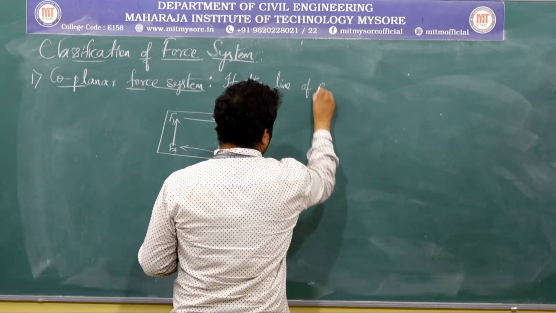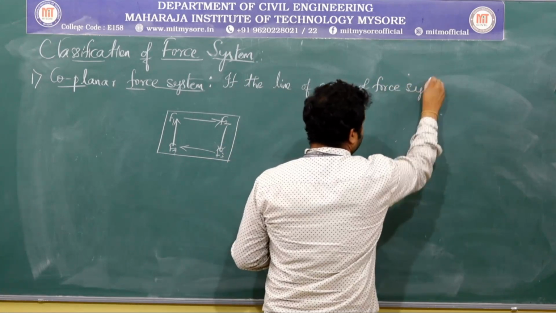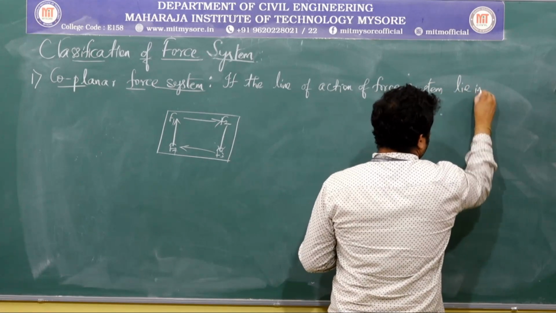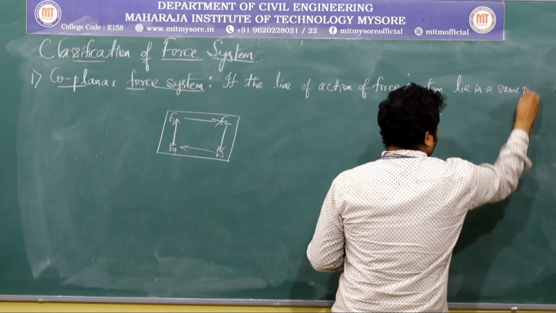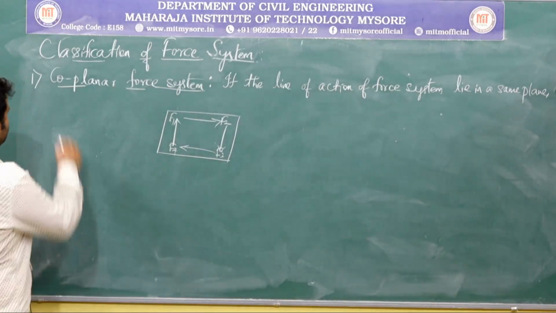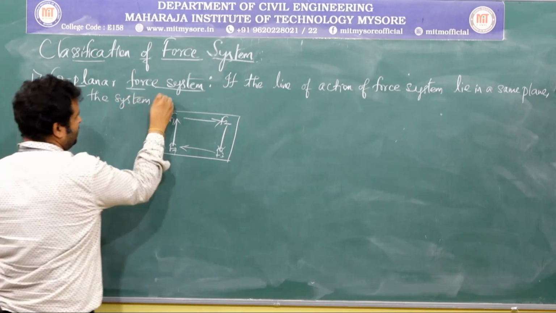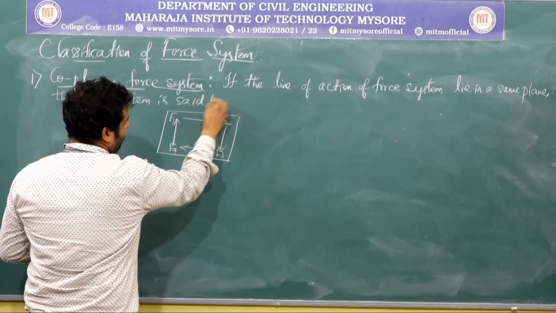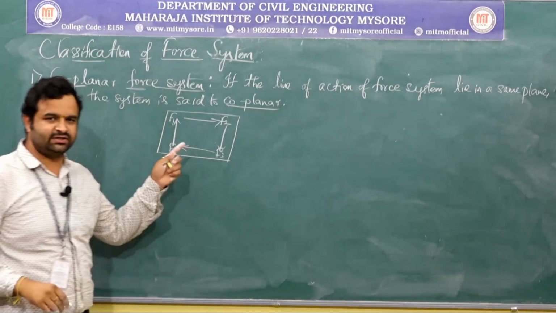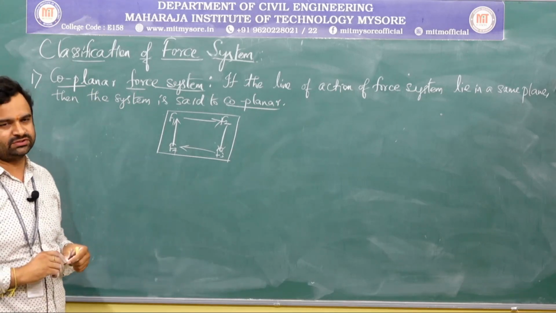If the lines of action of a force system lie in the same plane, then the system is said to be coplanar. As you can see, the forces are acting in a single plane, then only we can call it a coplanar force system.